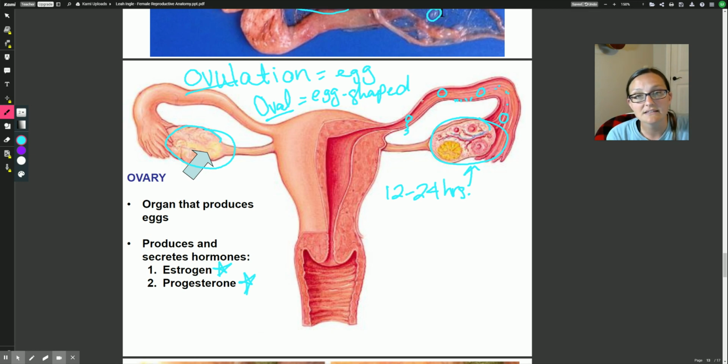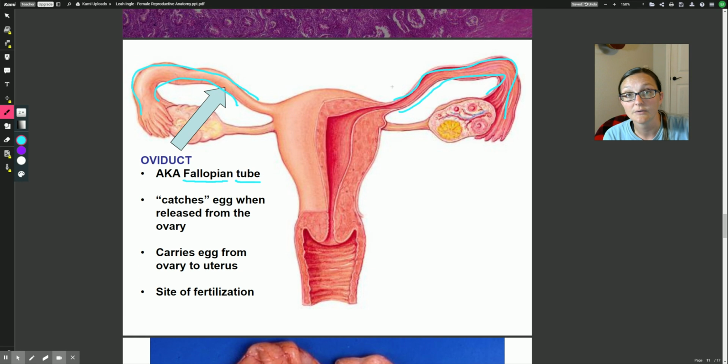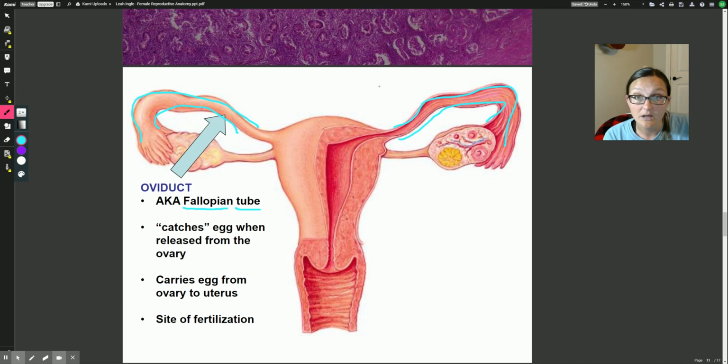And it meets, these are not drawn to scale, an egg and it burrows in and it will fertilize here. So where does fertilization happen? Fertilization happens in the fallopian tubes. Okay, so up here, there's an egg and then a sperm, and it fertilizes the egg. And so this is fertilization.